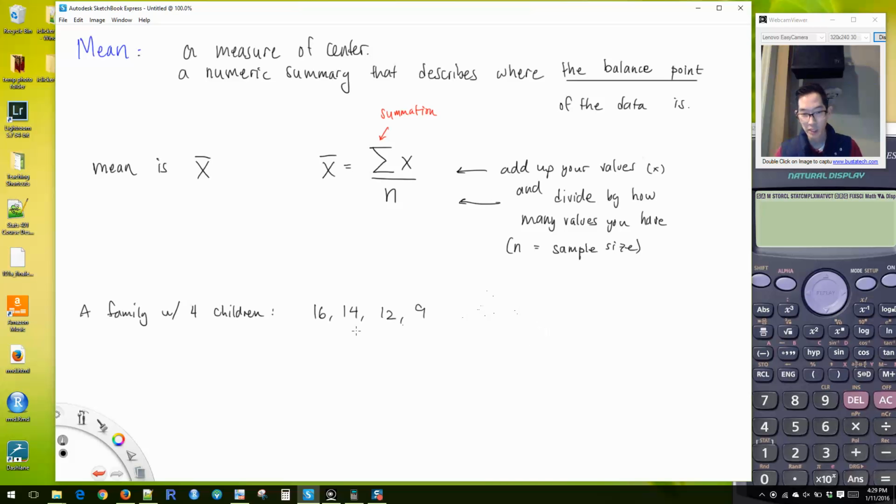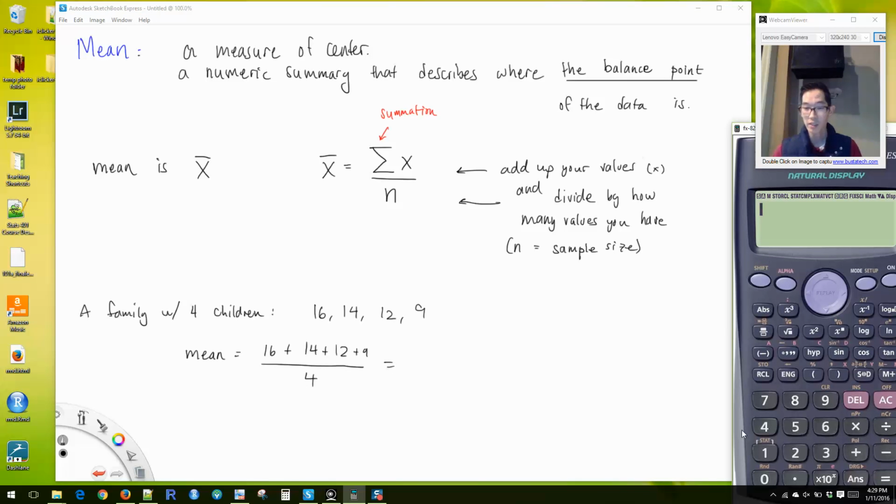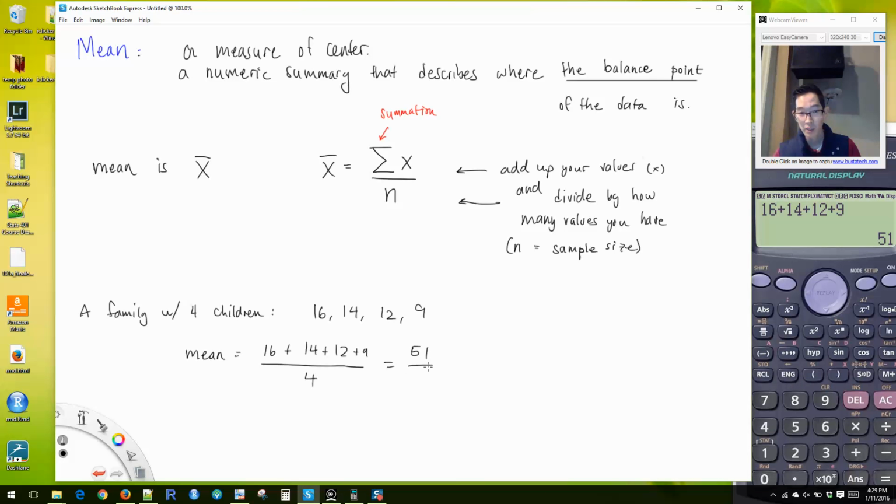What is the mean age? The mean is we add these up, and then I divide by 4, okay? So 16 plus 14 plus 12 plus 9, that equals 51. 51 divided by 4 is 12.75. This is our mean age, okay?